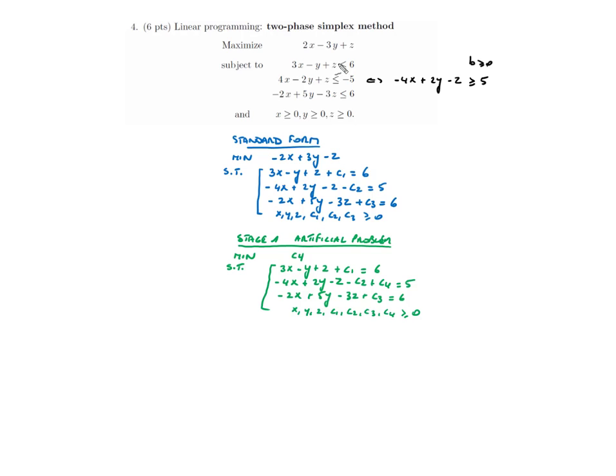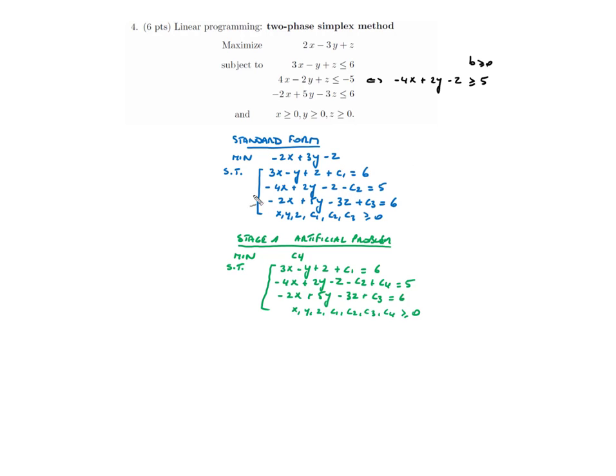We have two inequations with smaller or equal, the first and the third constraint, right? So we'll have to use two slack variables, C1 and C3. Here we'll have an inequation with larger or equal, so we have a surplus variable C2.